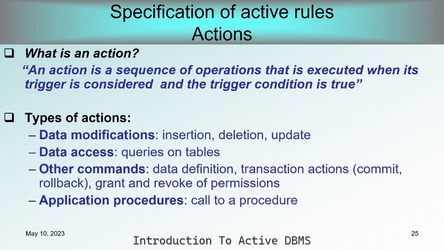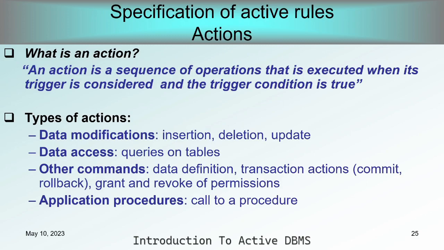Then comes action. So what is an action? An action is a sequence of operations that is executed when its trigger is considered and the trigger condition is true. So the types of actions can be like database modification, like you do insertion or deletion or updation. It can be in the form of data access where you query certain tables.